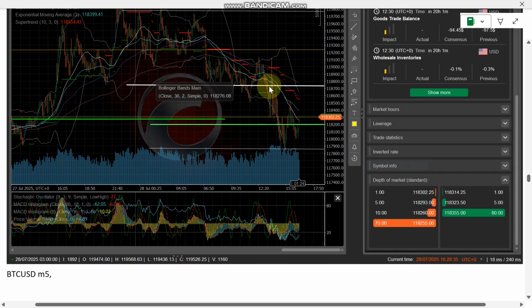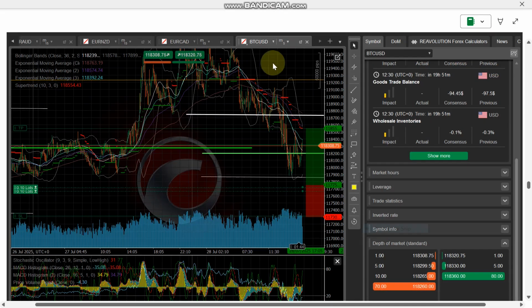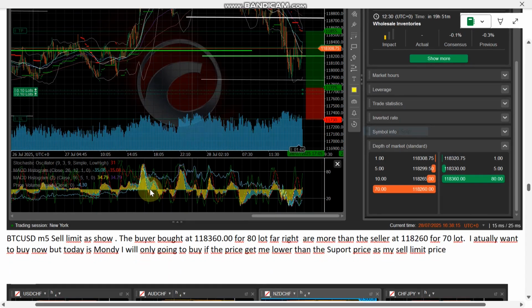This is the mid of the 1 hour set. This is the lower band of the Bollinger Band. They come and touch, and now it's going back up. Since I see that it will go back up, I put in a buy limit order.